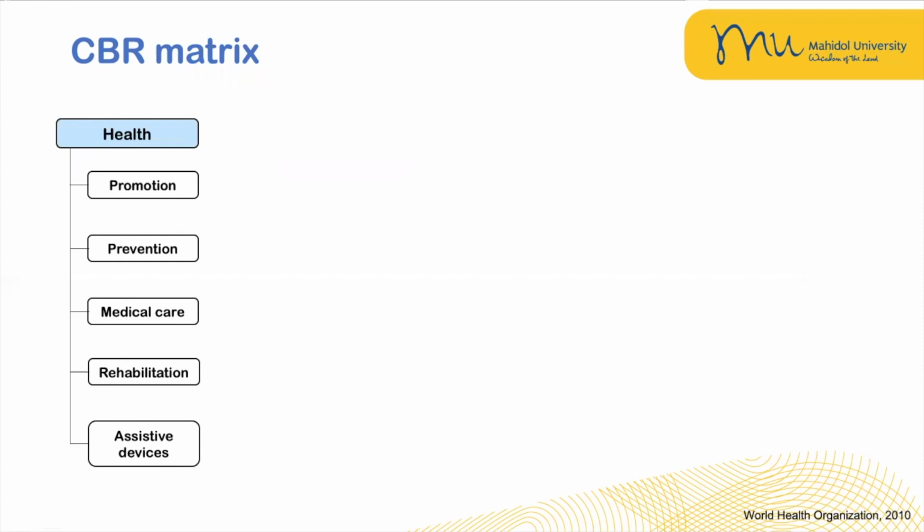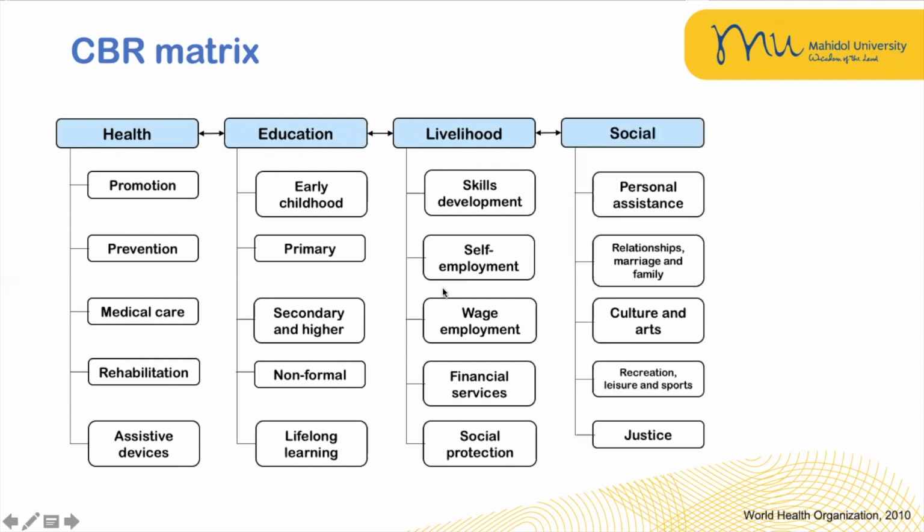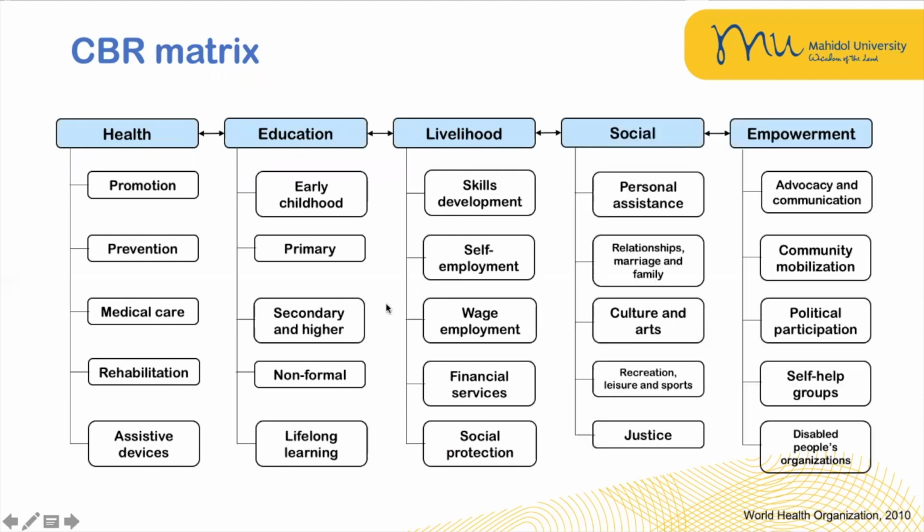I'm sure that you all know about this domain well. Moreover, in other domains, which are education, livelihood, social, and empowerment, we need to provide this support to our patients or people with disabilities. It doesn't mean that PT need to do all of this.